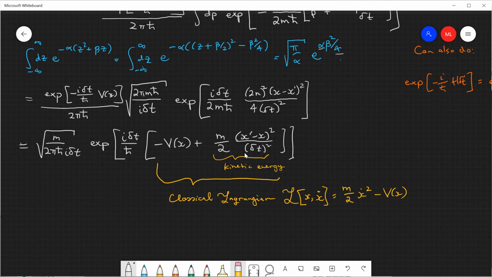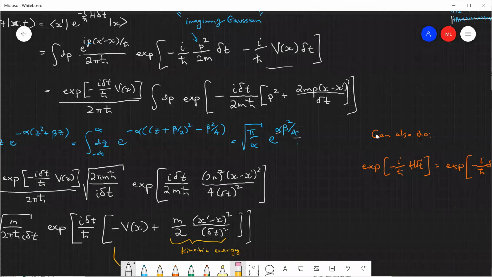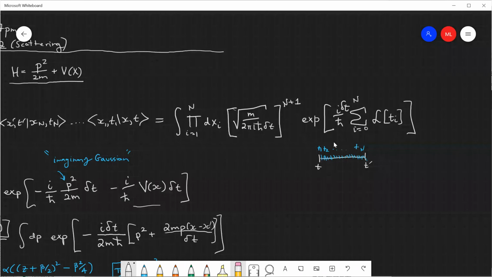There might be some issues in where precisely you evaluate it, at what particular time, but you won't worry about that, because we're going to make these times infinitely closely spaced, and it actually does sometimes matter which particular time, the first time or the latest time of the intervals.